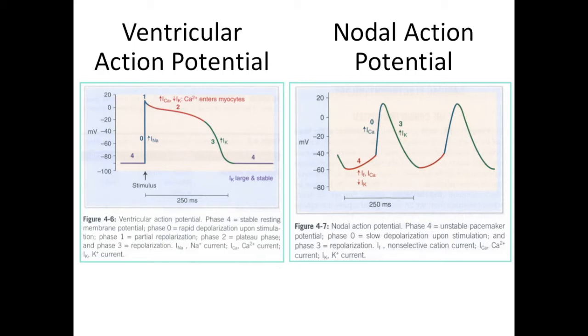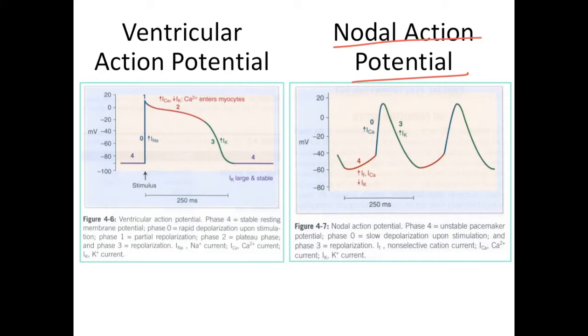The main big difference is that the electrical conducting system tissues have the ability to generate action potentials on their own without needing any stimulus from another cell. Here is what we call the nodal action potential, the type of action potential you would see in the electrical conducting system tissues, such as the SA node, the AV node, or the bundle of His.